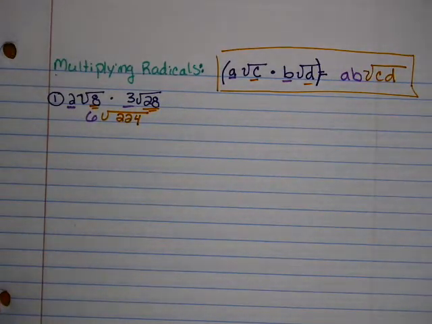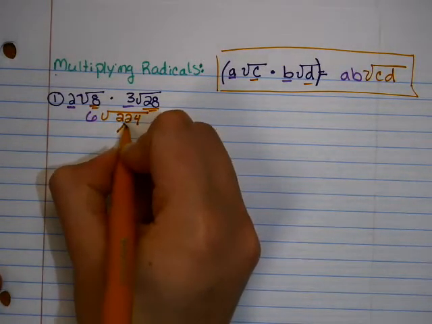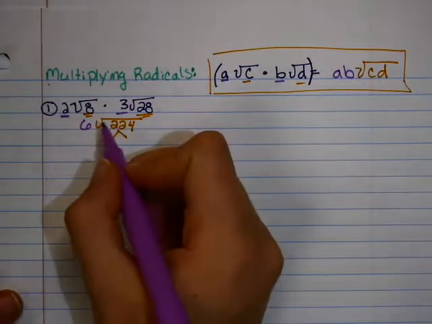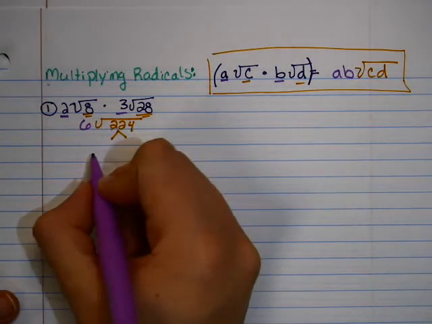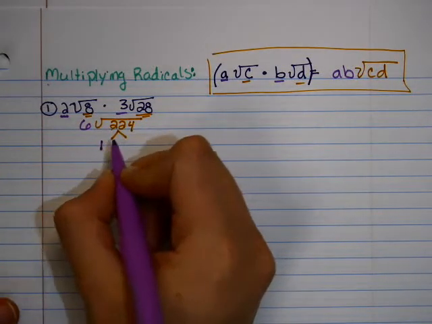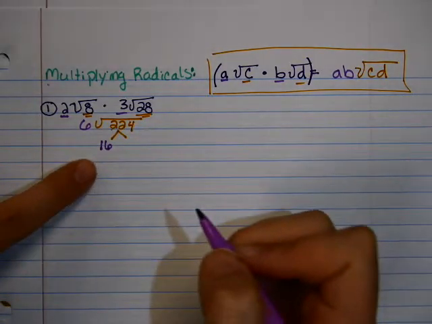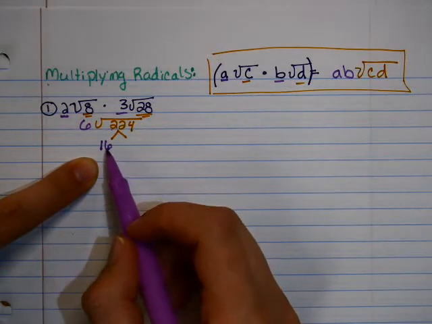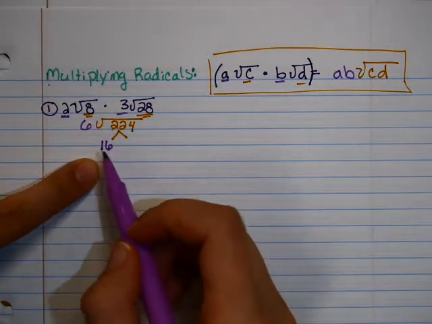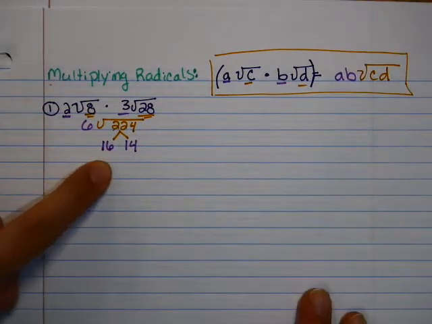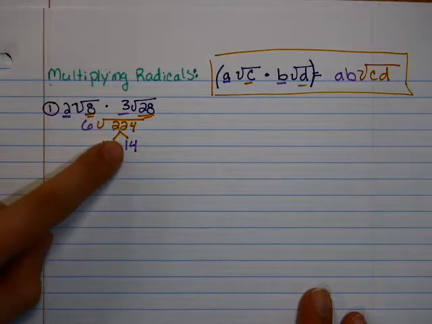Okay, and I can look at the largest perfect square that goes into 224. This is a good large number we can practice with. So square root of 224, I know isn't a perfect square. You can test it with a calculator if you'd like, but really try to write out your factors. 16 is the largest one I can find for a perfect square, and so 16 times 14 gives me 224.